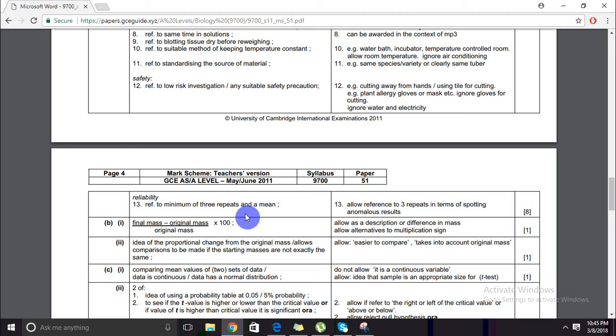Allows comparisons to be made if the starting masses are not exactly the same. This is actually a direction that they often ask about, so it's a good idea that you get to know how to express your idea clearly.